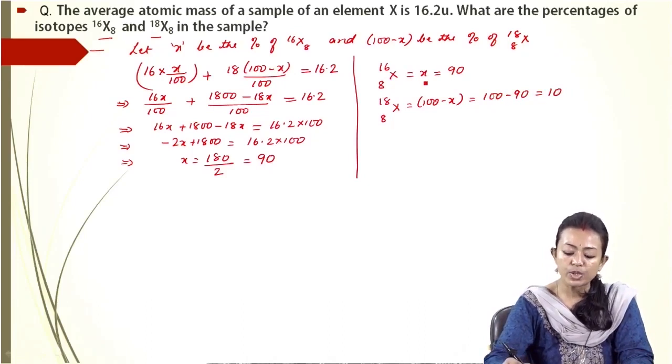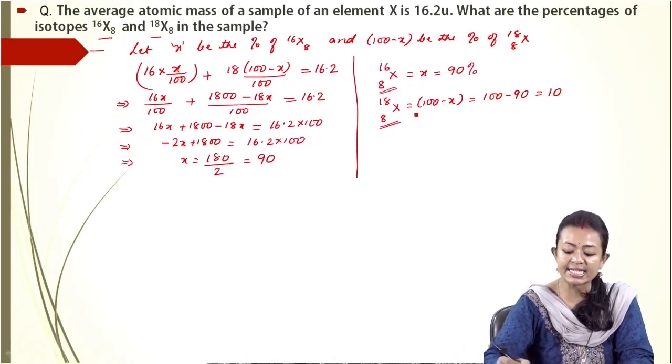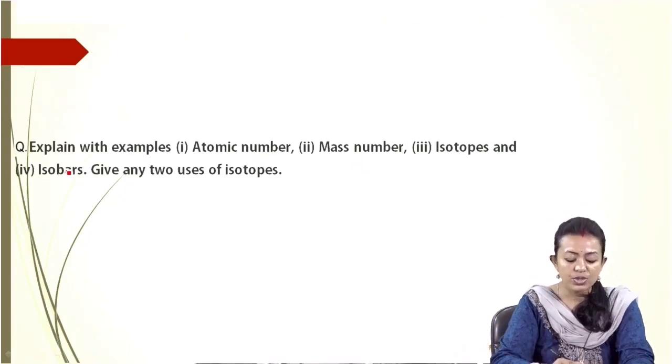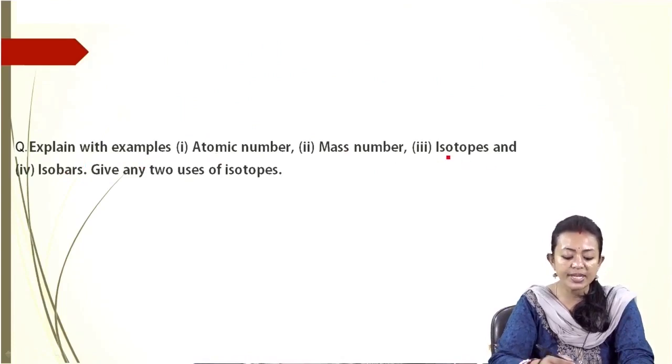So we are going to have 16X8 90% and 18X8 10%. Clear? Next question. Explain with examples atomic number, mass number, isotopes, isobars.